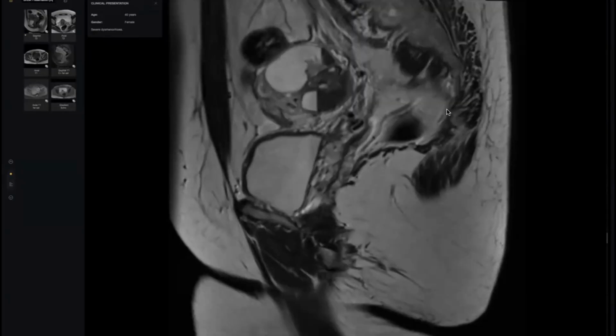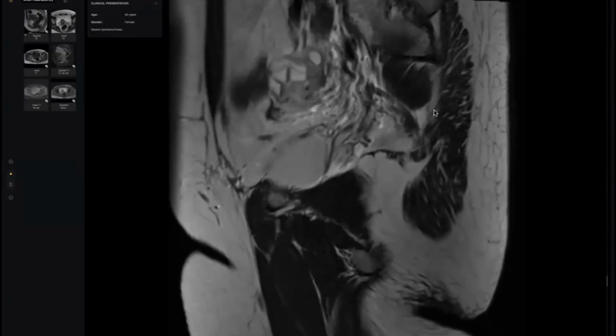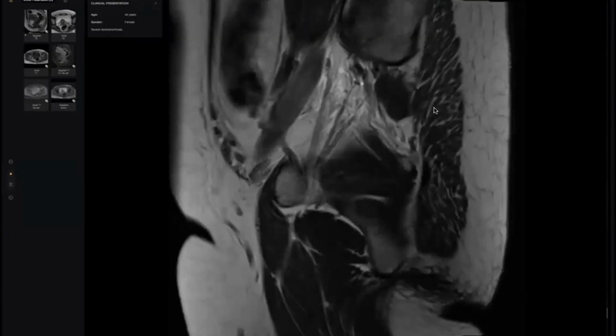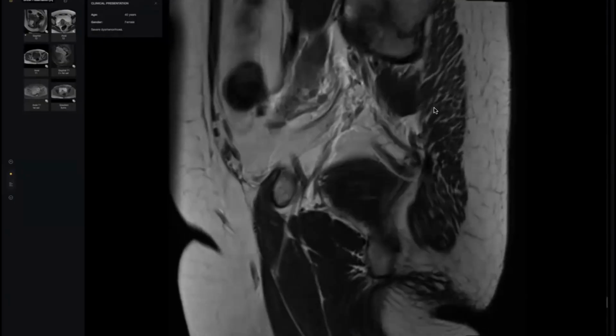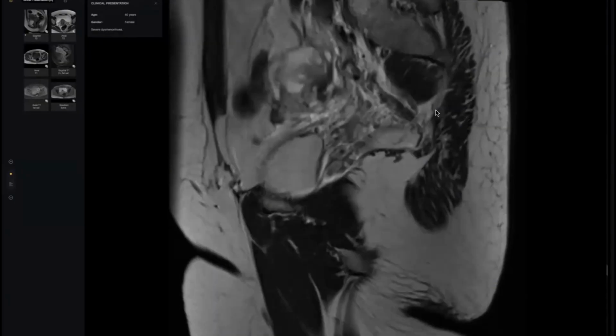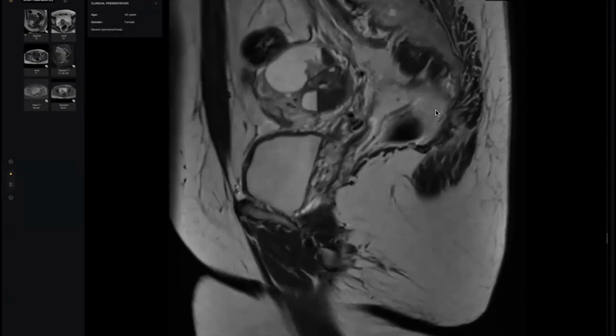I have been provided with sagittal T2 images of a pelvis of a 48-year-old lady who presented with a complaint of dysmenorrhea. I'm scrolling through the images.